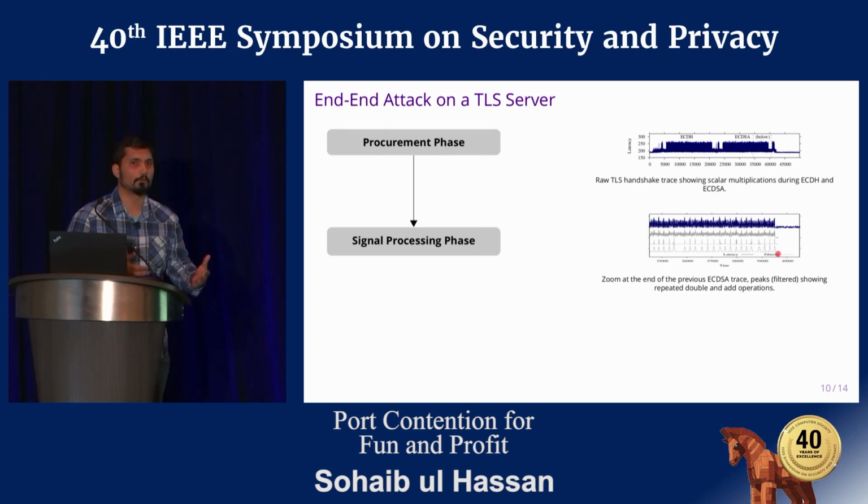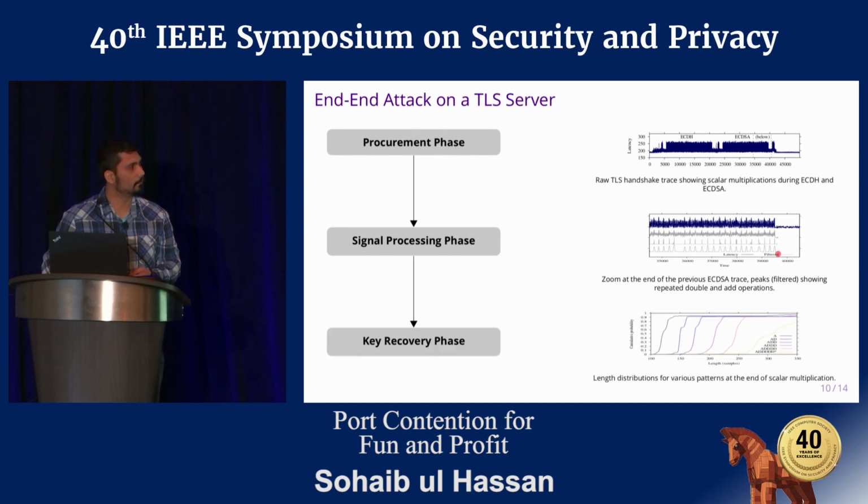We did that for all the traces, and then built partial nonce information and used that in our lattice attack to recover the long-term key of the TLS server. Here you can see for different trailing sequences of the point multiplication, we get really good distributions.